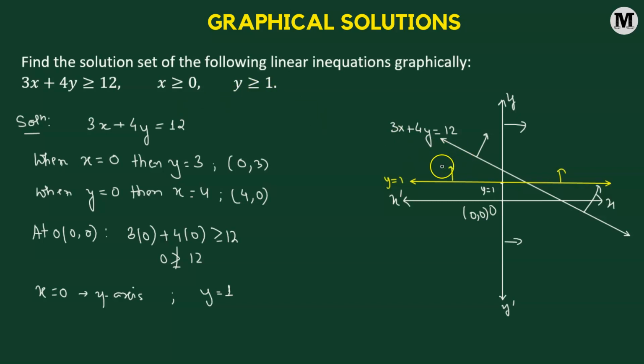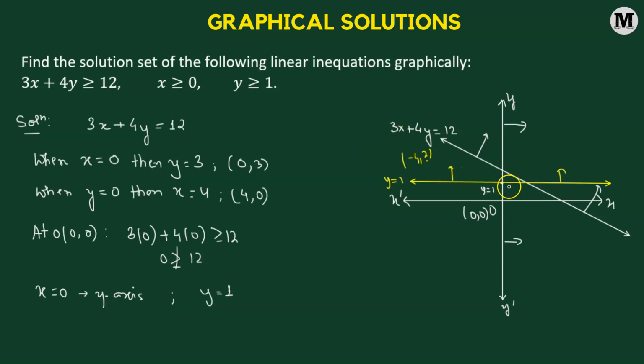For instance, if we pick this point, let's call it (-4, 2), the y coordinate is 2. Replacing y with 2, we have 2 greater than or equal to 1. Definitely 2 is greater than 1, so it satisfies the inequation.